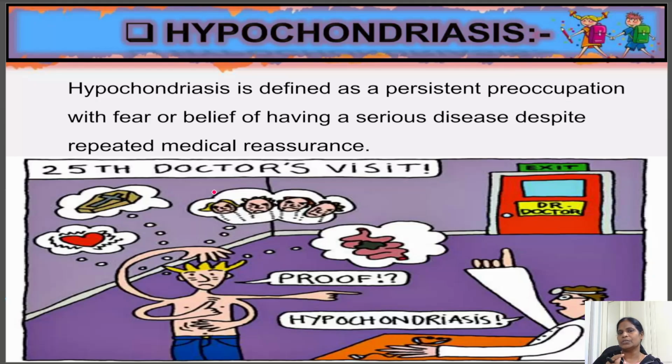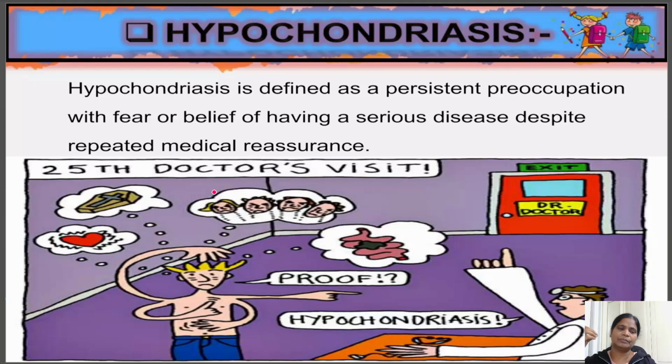In somatization disorder, we have symptoms present in four areas: two gastrointestinal, one sexual or reproductive, and one neurological. Whereas in hypochondriasis, they are preoccupied and have a lot of fear that they are suffering with a serious illness in a particular area. Maybe if a person has some headache, they might think that they have a brain tumor.